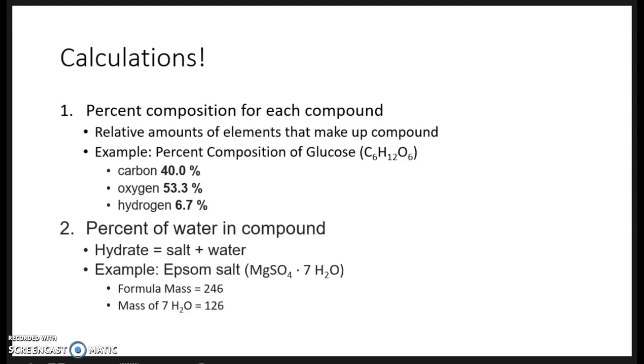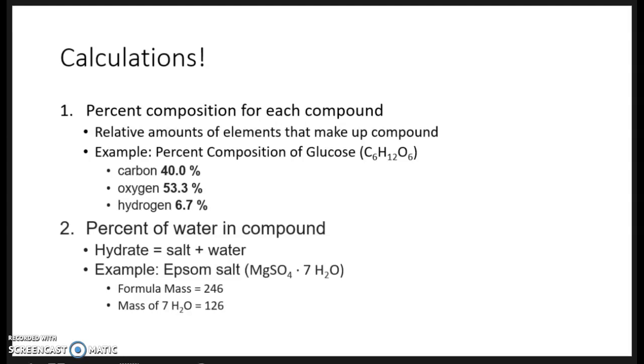Now again, if we look at the example for the Epsom salt here, we have the Epsom salt, MgSO4, plus 7 molecules of water. So the formula mass of everything there, including the water, is 246, but the mass of the water alone is 126.